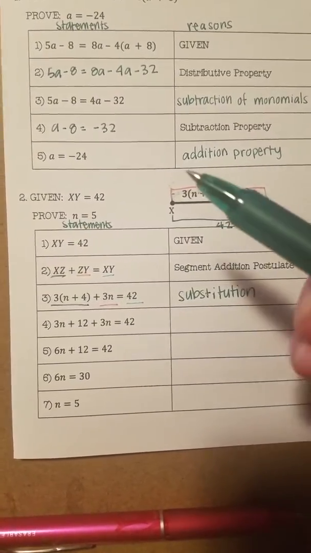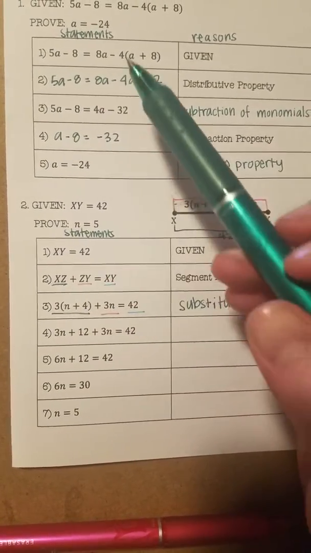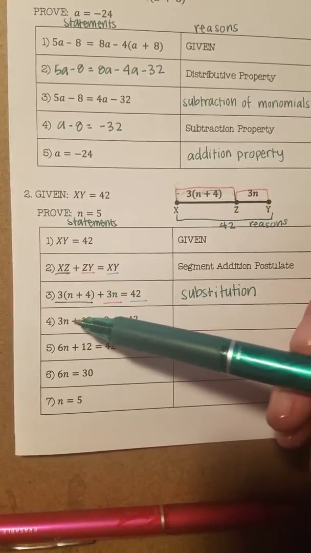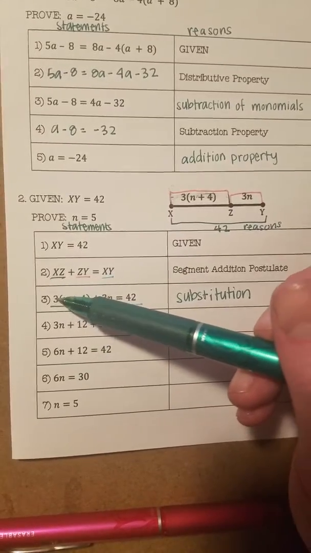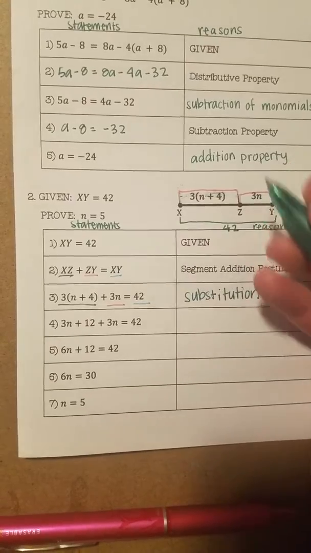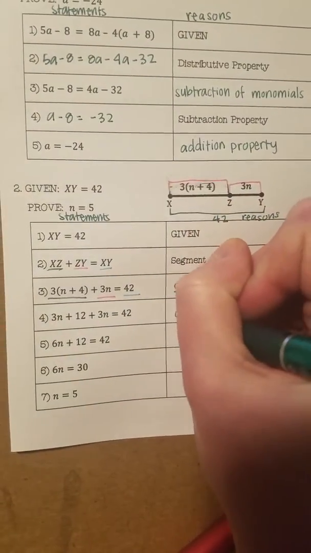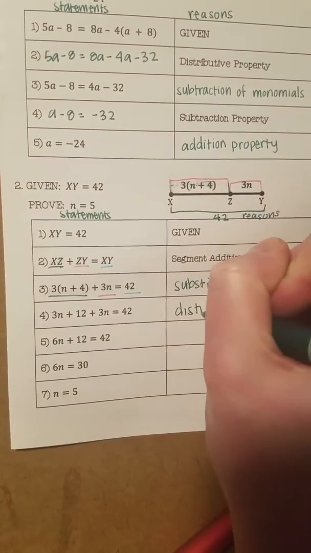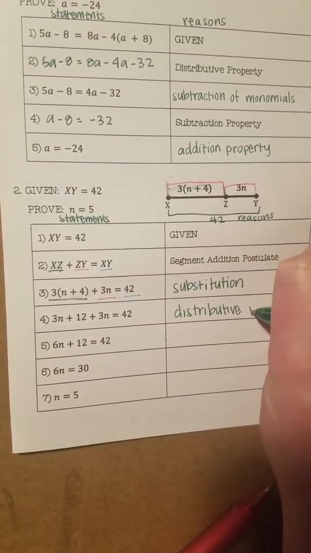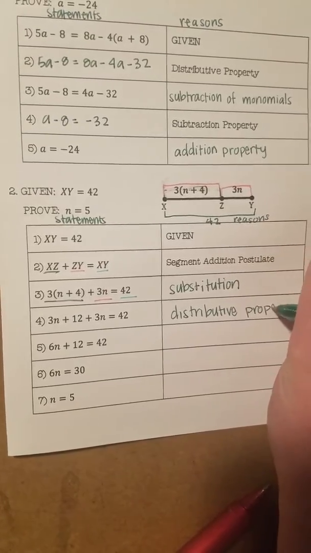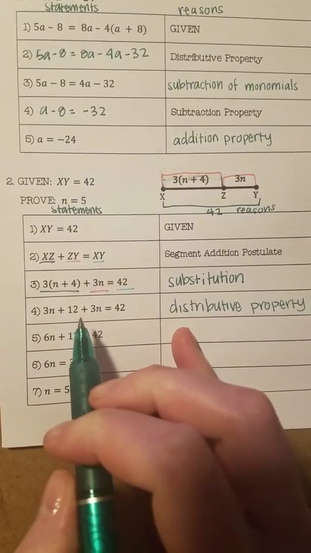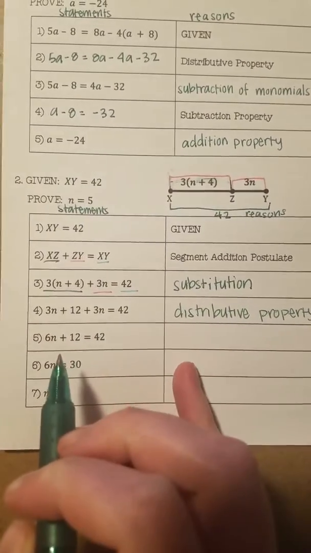So now we're going to do the same thing we did up here. We use our next logical step to solve for n, and that would be to distribute this 3. Because 3 times n plus 4 plus 3n equals 42, by the distributive property, we know that 3n plus 12 plus 3n also equals 42.